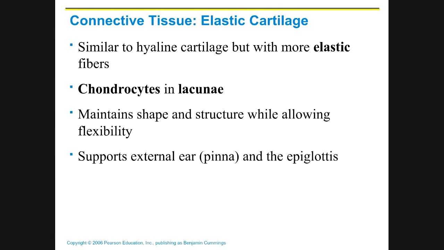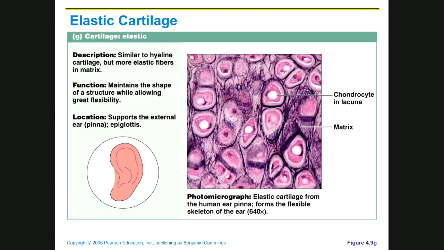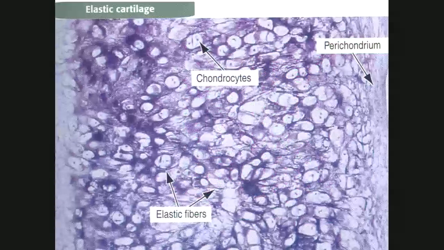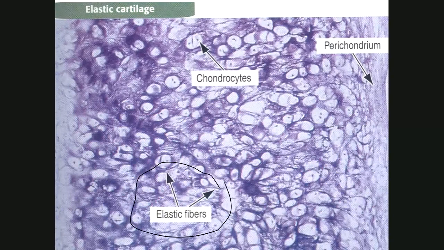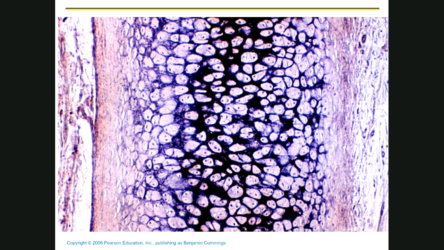Again, mostly in the ear and in the epiglottis. If we blow that up, it looks like this. So look at all these elastic fibers in here. All of these black, dark things. That's all elastic fibers in there.